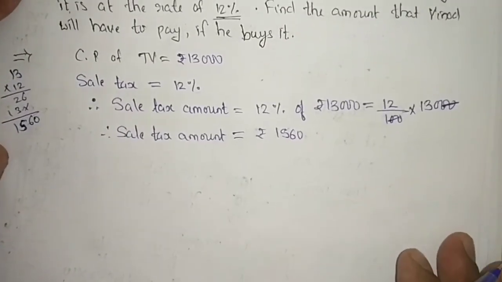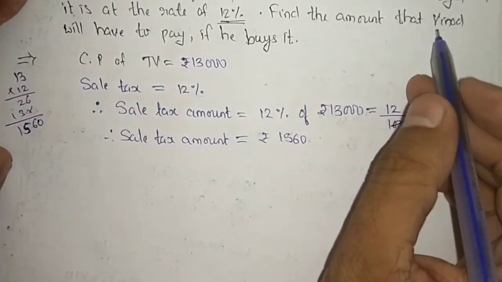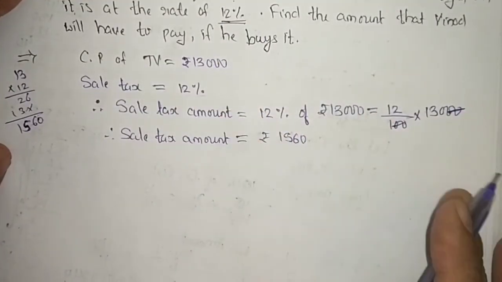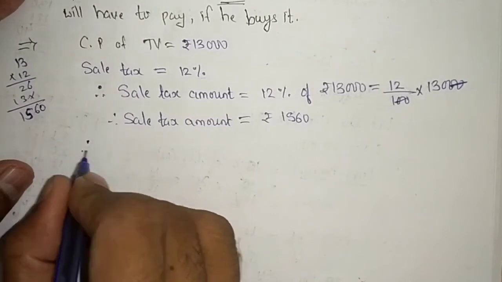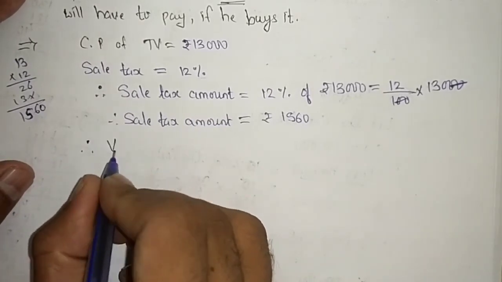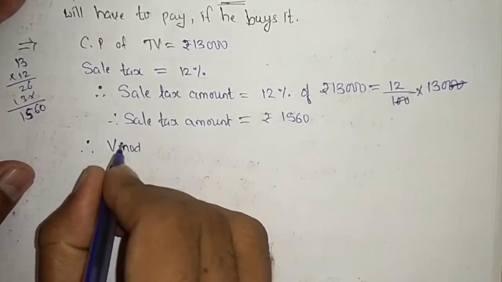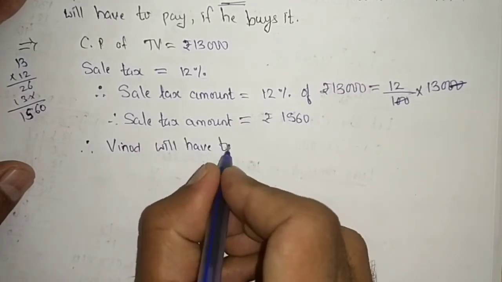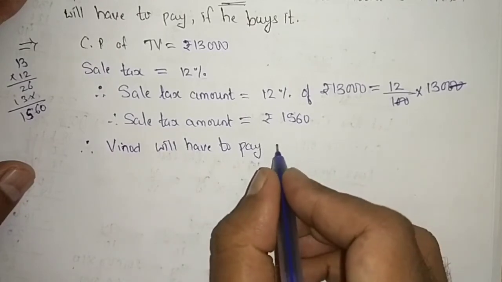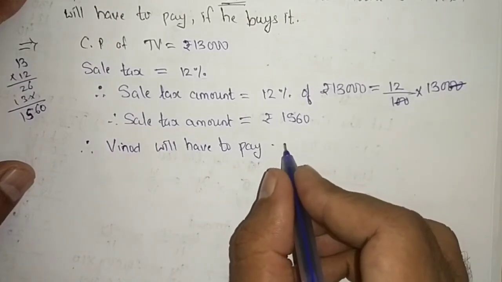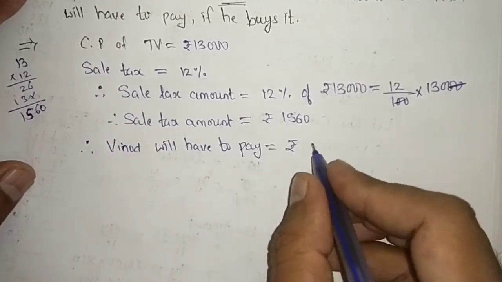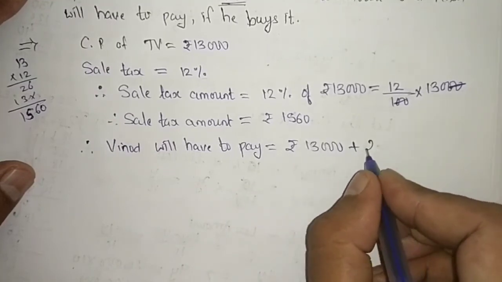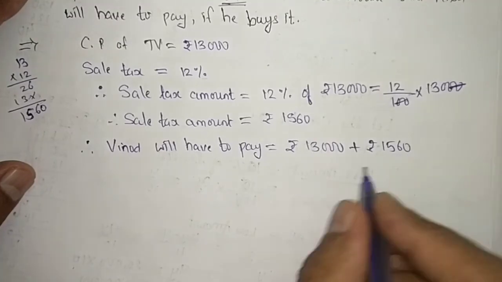Now if Vinod wants to buy this, he has to pay the cost price, that is 13,000, plus this. So we will write, therefore, Vinod will have to pay rupees 13,000 plus rupees 1,560.